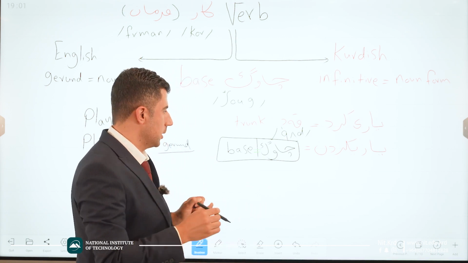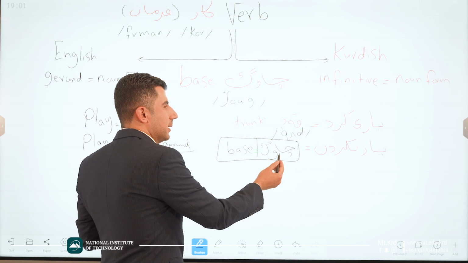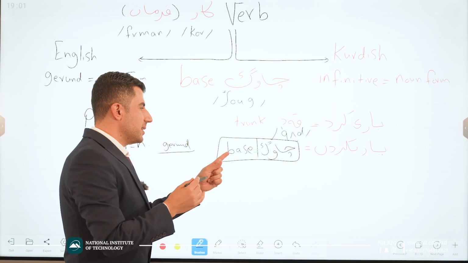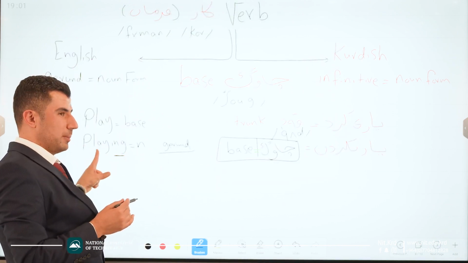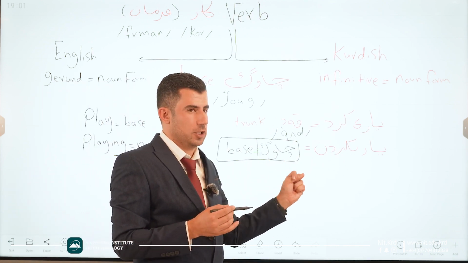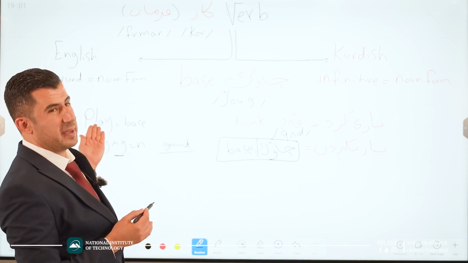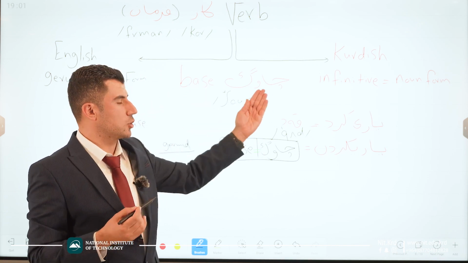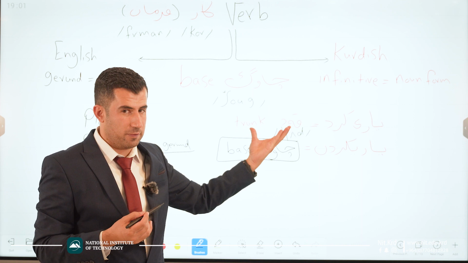Be careful. Have a look at here. Chawag, which is the Kurdish word for base. Right now, when we translate playing, which is the gerund form in English, to Kurdish, it becomes chawag in Kurdish. But when we say the base form in English, be careful, when we translate it to Kurdish, it becomes the trunk of the verb.